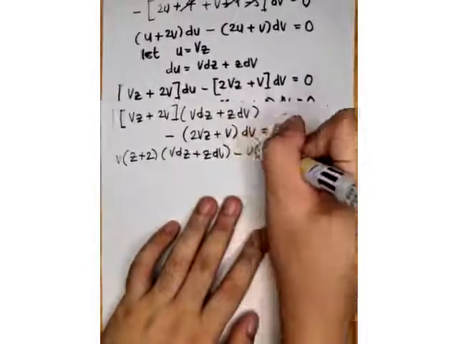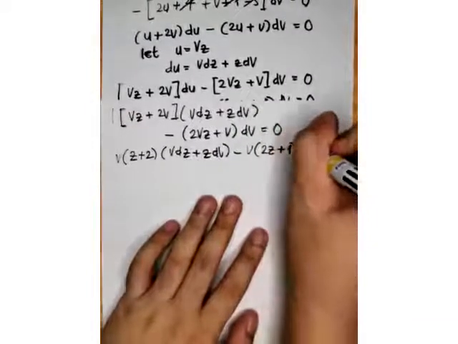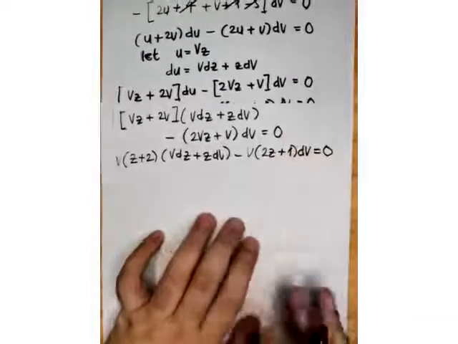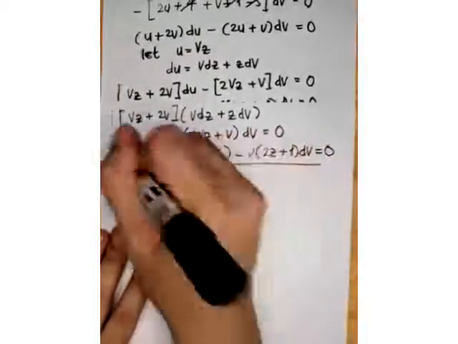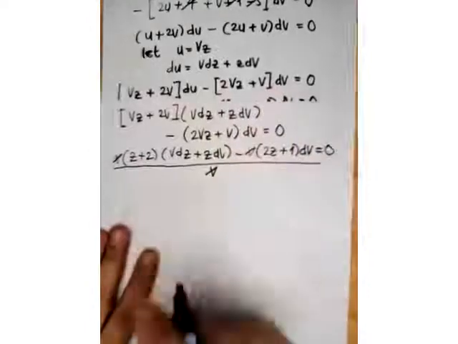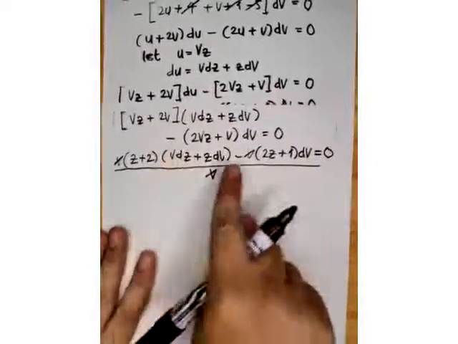So v times 2z plus 1 dv is equal to 0. Ayan. So let's divide the whole equation by v para mawala yon. And then let's distribute z plus 2 to this binomial.